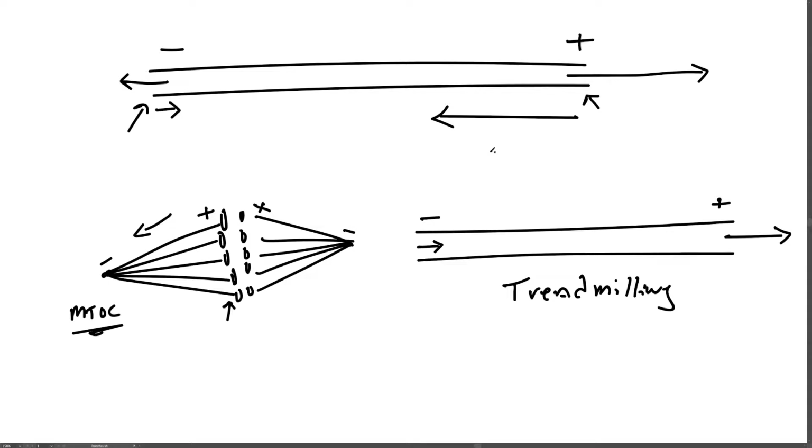So at some point, scientists figured out this really cool trick for studying the polarity of microtubules in different types of cells. It's called the microtubule hook assay. It turns out that if you purify tubulin from a tissue like cow brain, there's a lot of tubulin, a lot of microtubules in neurons, and you can biochemically purify tubulin to homogeneity, that is, just have a test tube of highly pure tubulin.